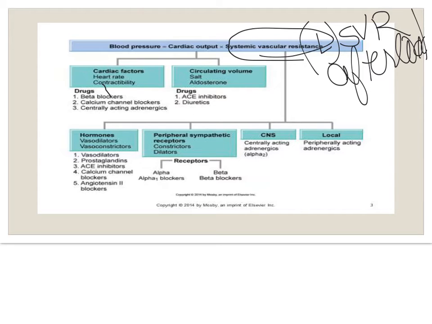If it is too high, then the left ventricle, which yes, is a muscle, has to overcome that high pressure and has to work harder, and over time this can cause thickening of the left ventricle.